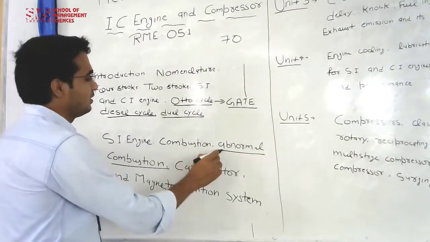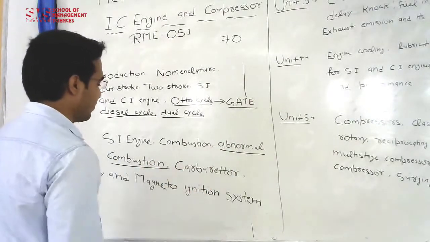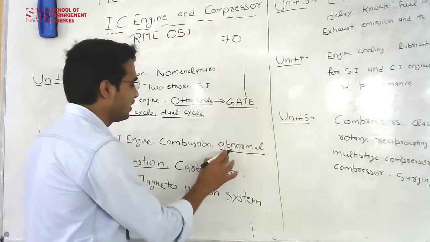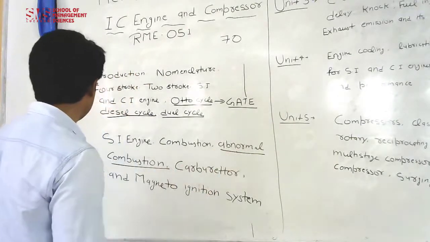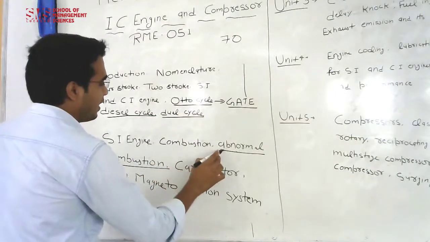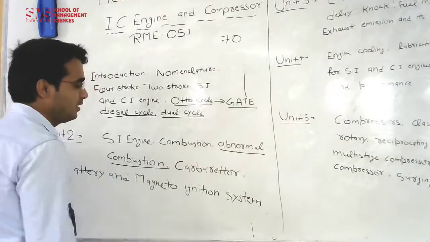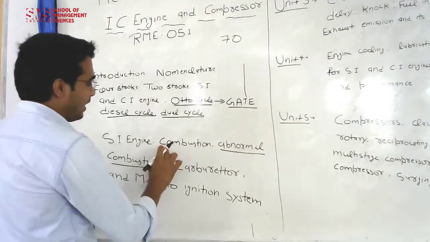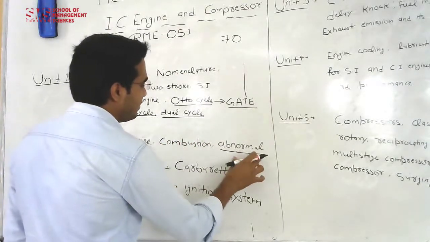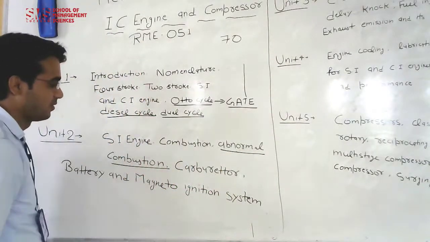You will get a direct question in your university exam from this topic. They will simply ask what is abnormal combustion in SI engine, and what are the parameters which affect the combustion in SI engine. In my lecture, we will study abnormal combustion in detail.